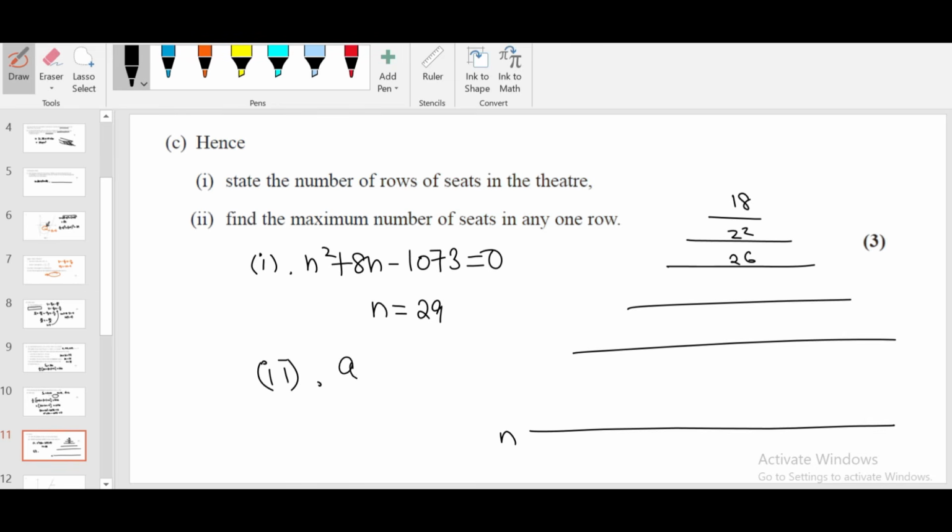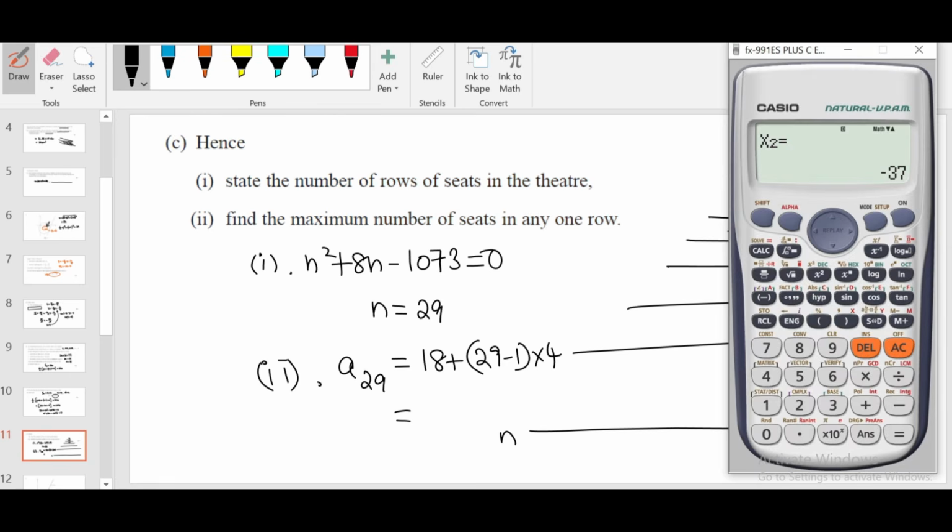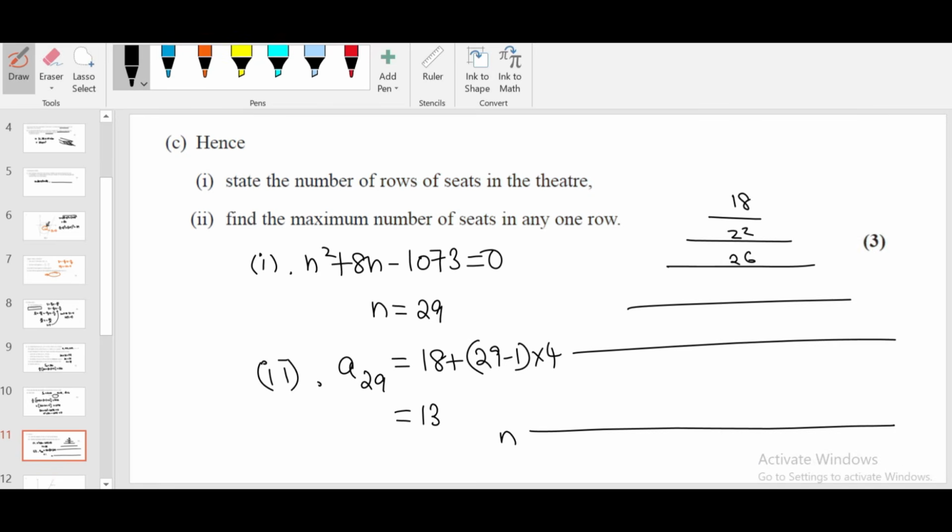So basically they want you to find the 29th term. a plus (n − 1) times d. So just calculate this. You will get 18 plus 28 times 4. 130 seats are in the nth row.